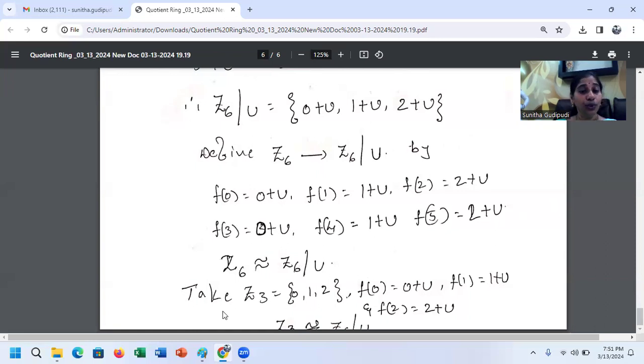Or else, if you take another ring, say Z3, consisting of 0, 1, 2, then we can establish an isomorphism also in this case by defining the function as f(0) is 0+U, f(1) is 1+U, and f(2) is 2+U.